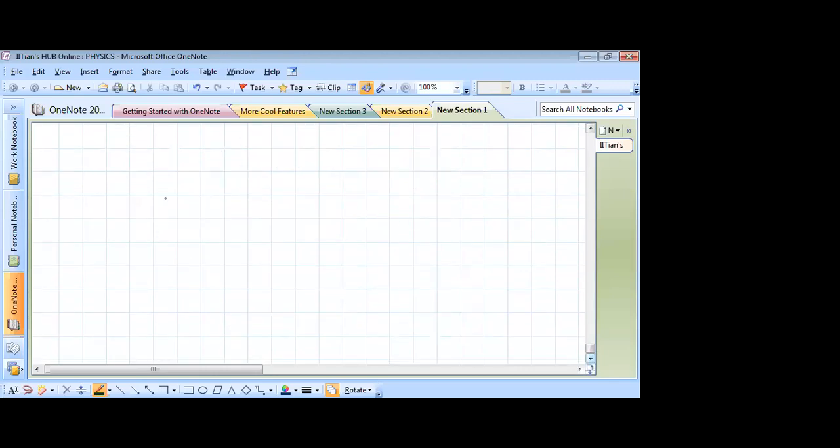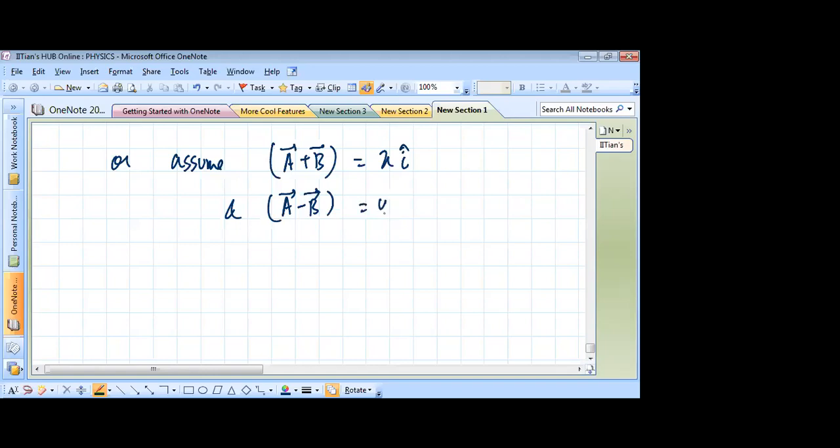So in other words, we can assume that the vector A plus B is some magnitude x into i cap, and the vector A minus B is some different magnitude in the direction perpendicular, because they are given to be perpendicular.